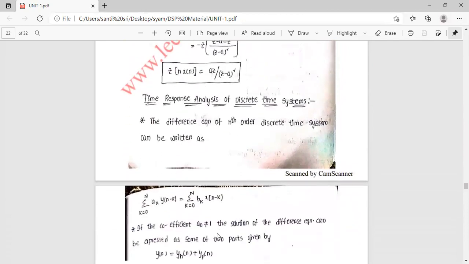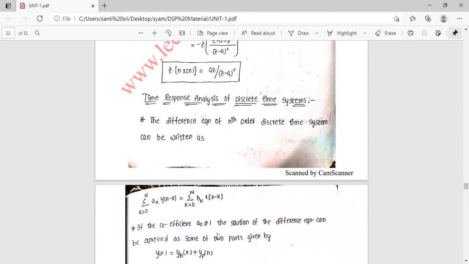Next, time response analysis of discrete time systems. It can be written as a difference equation, that is sigma k equal to 0 to N a_k y(n minus k) equal to sigma k equal to 0 to M b_k x(n minus k).